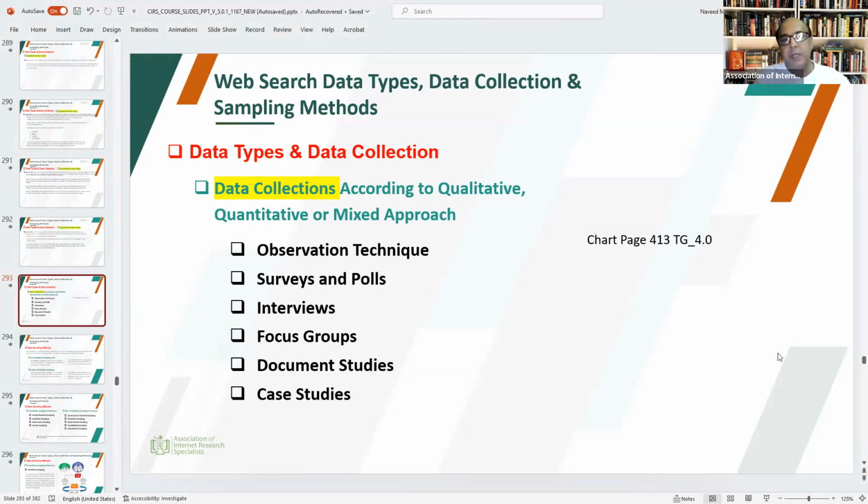Now, observation techniques usually are, okay, thank you for that. So, observation techniques are something that are more given a bad name because there could be a bias involved in this.